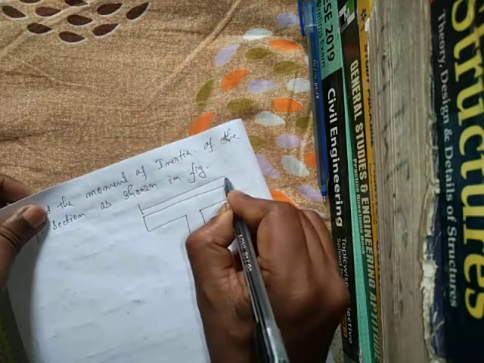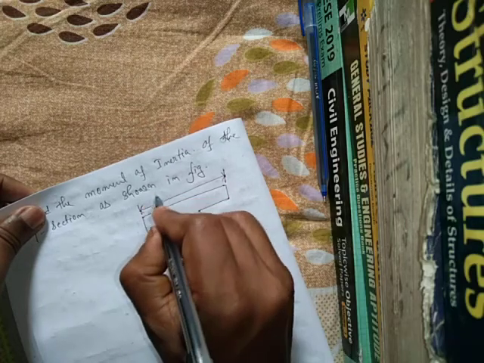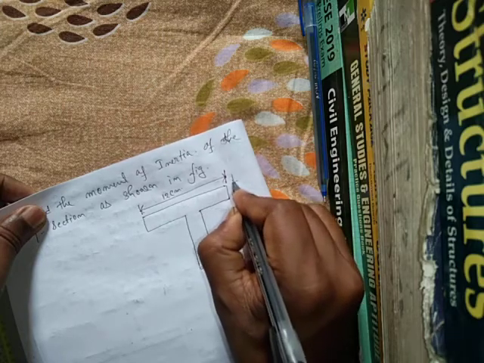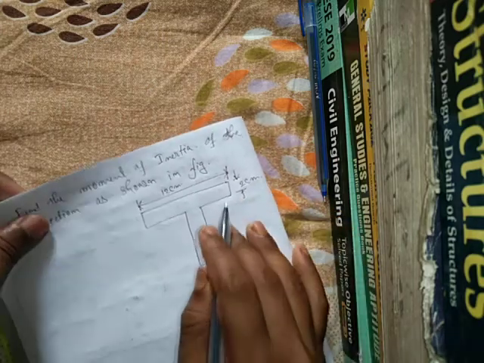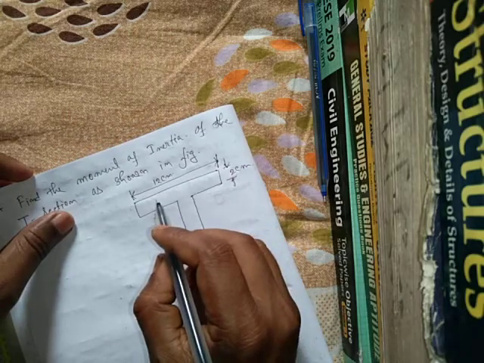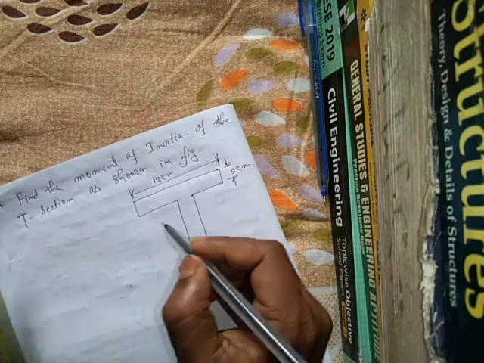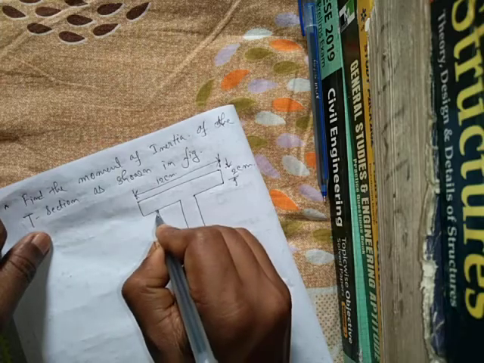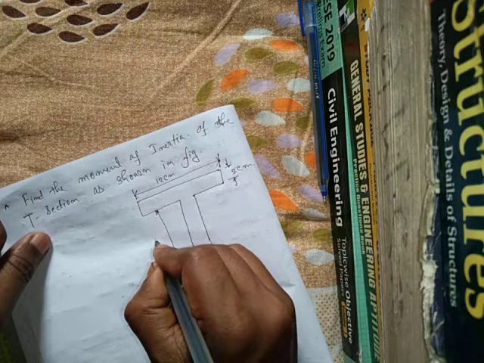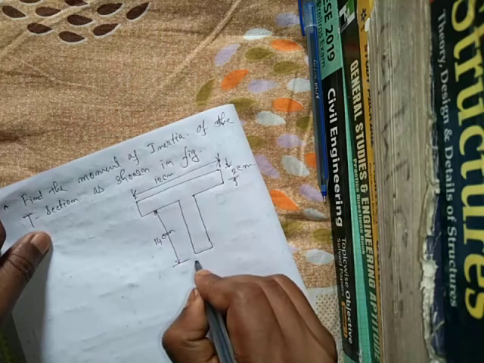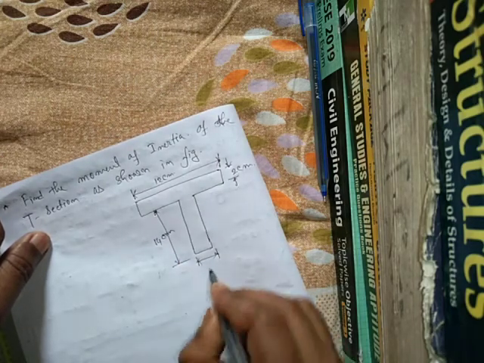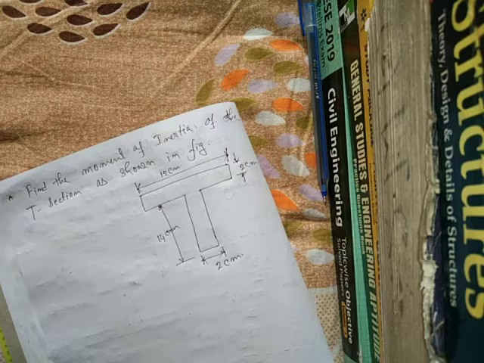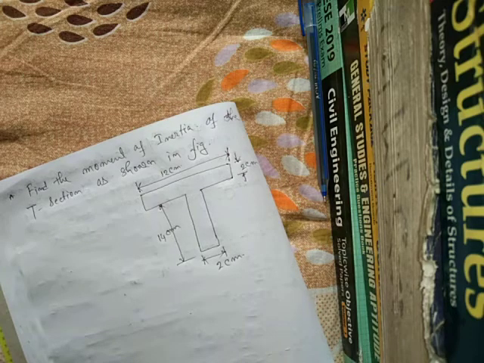The size of the flange is 12 centimeter by 2 centimeter, and the depth of the web is 14 centimeter and the thickness of the web is also 2 centimeter. So find the moment of inertia about CG.